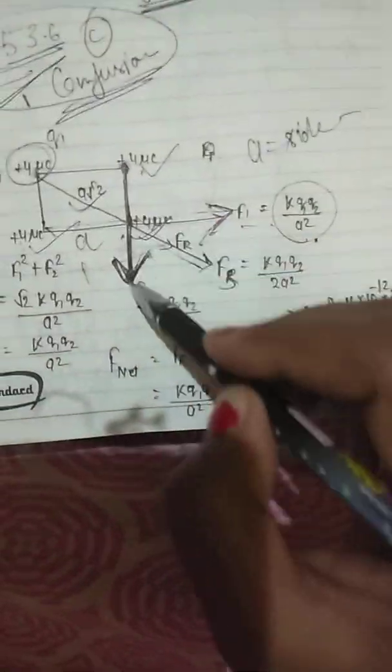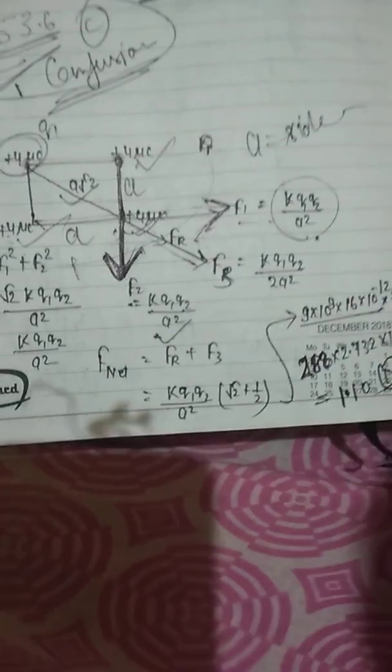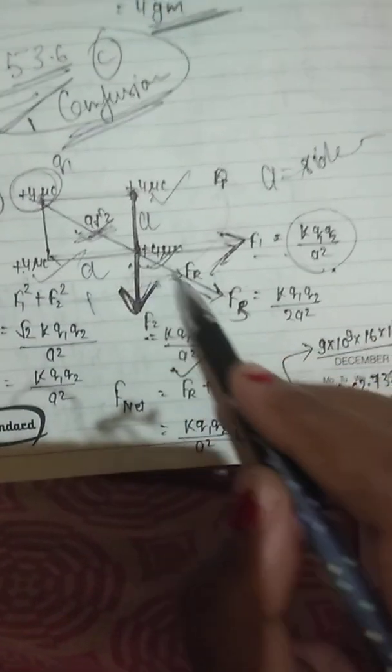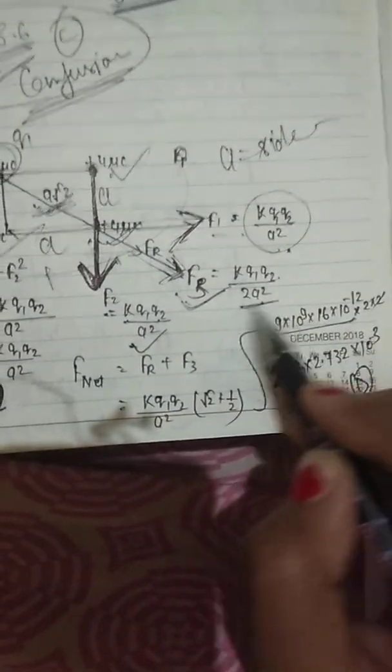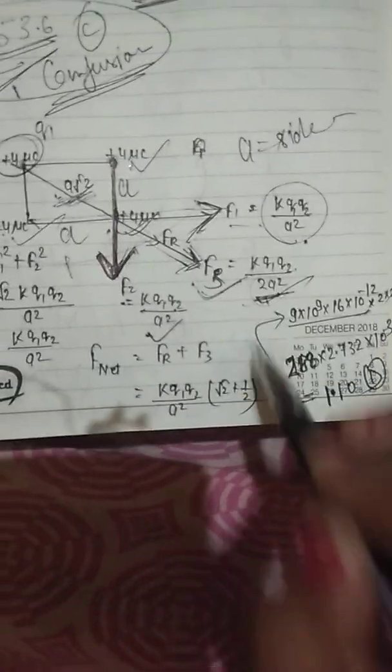So in this direction, K Q1 Q2 by A square, again side is A, because it is a square, so all the sides are equal. Now by finding the diagonal, side root 2, so it will be A root 2, and with this charge it will be acting. F3 I have taken K Q1 Q2 by root 2 A whole square, so we will get 2A square.